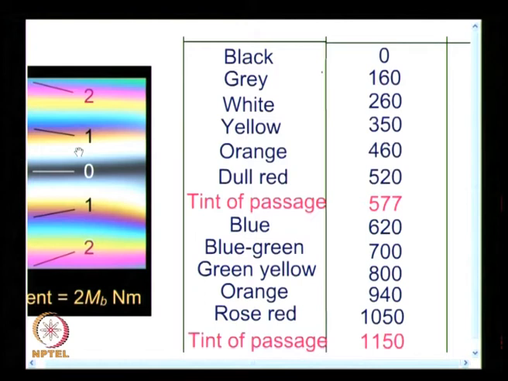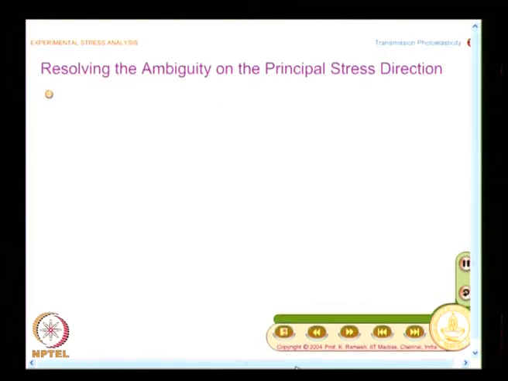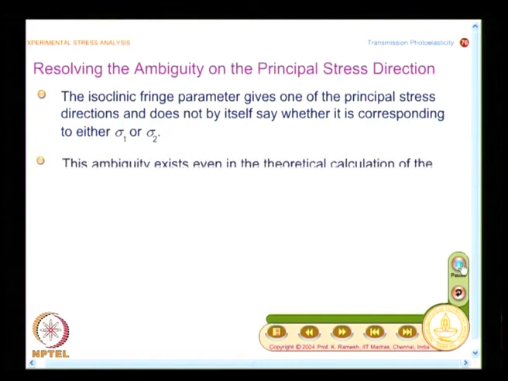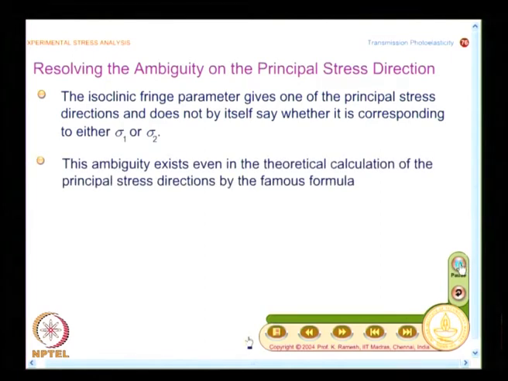And we are going to take up a very important topic, which I had mentioned earlier also. When you are finding the principal stress direction, photoelasticity gives you sigma 1 minus sigma 2 as well as the principal stress direction at the point of interest.